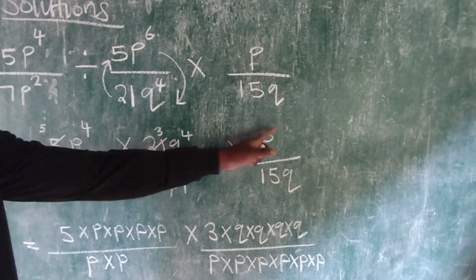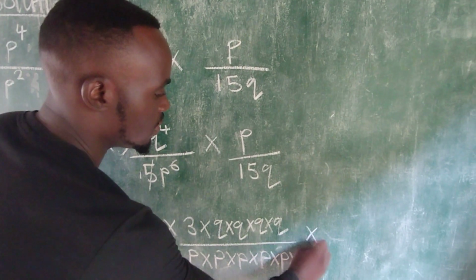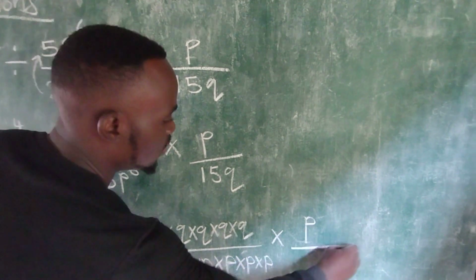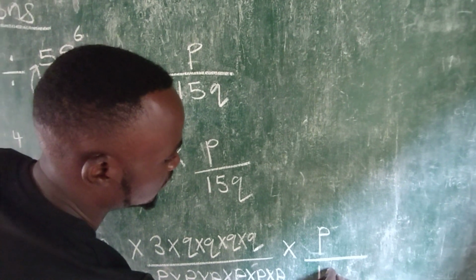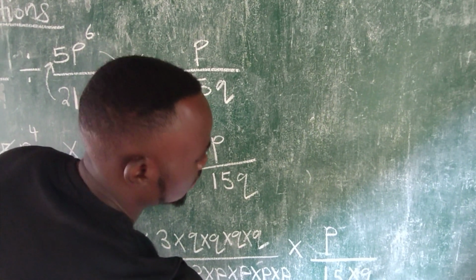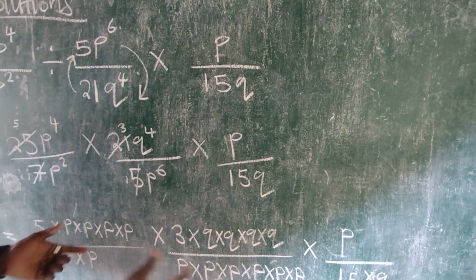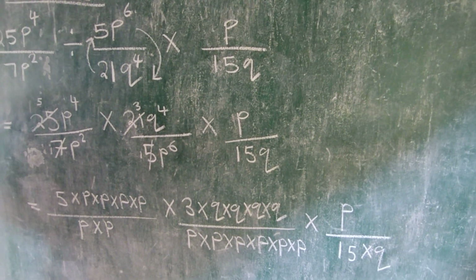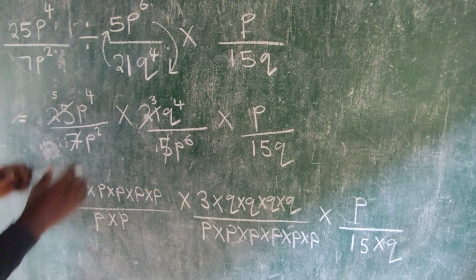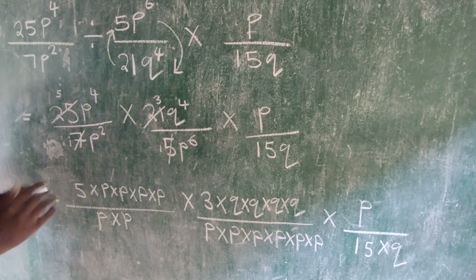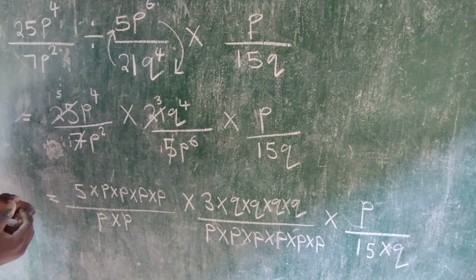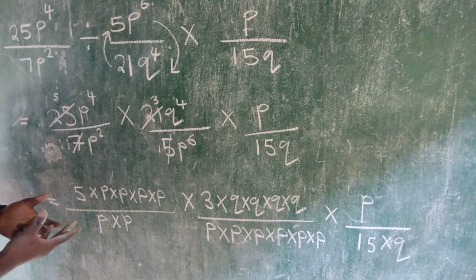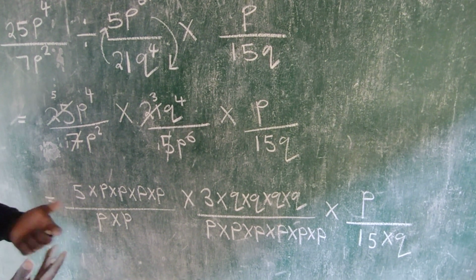Times, we come here and we say p over 15 times q. The reason why I've written it like this is for you to be able to cancel properly. Remember what I said, even at this stage you can cancel everything, if you have solved these questions on numerous occasions and you understand what you are doing.